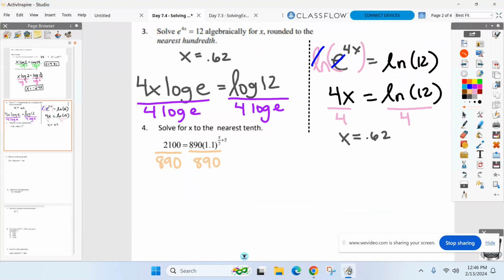That's the way I'm going. 210 over, what was it, 89? Okay, that's the way I'm doing it. Or write that whole decimal out. Your call. Equals 1.1 raised to the x over 7 plus 5. All right, good job. Thanks, Max.